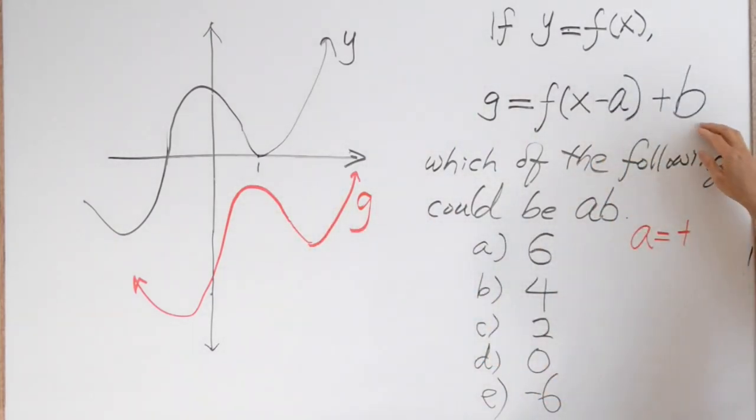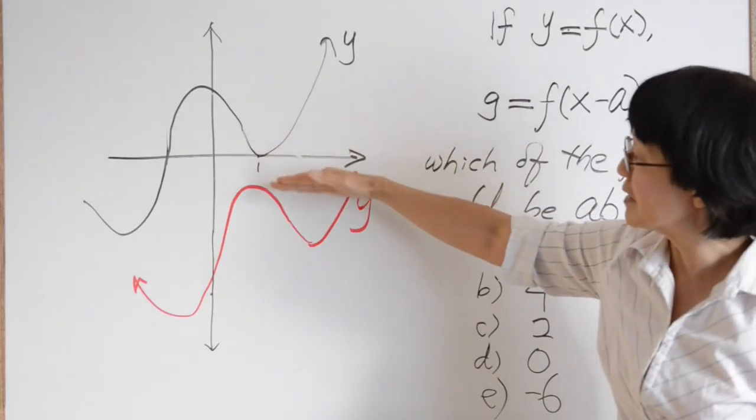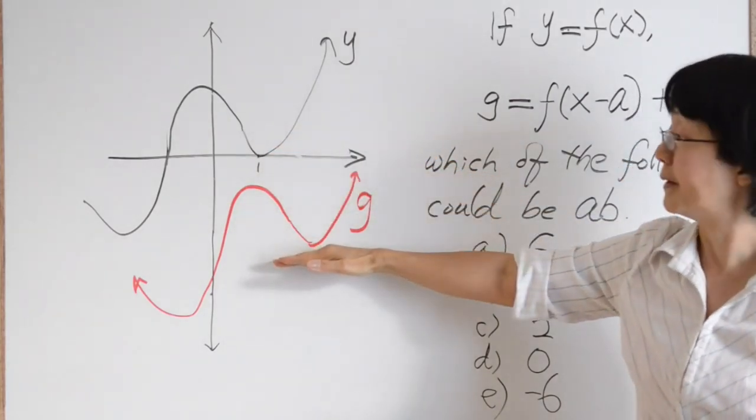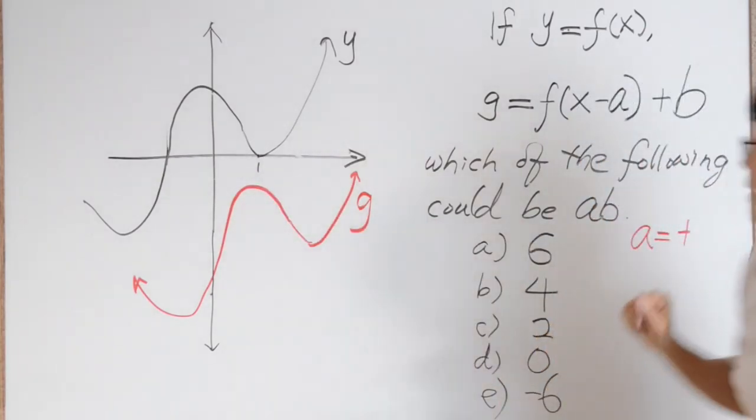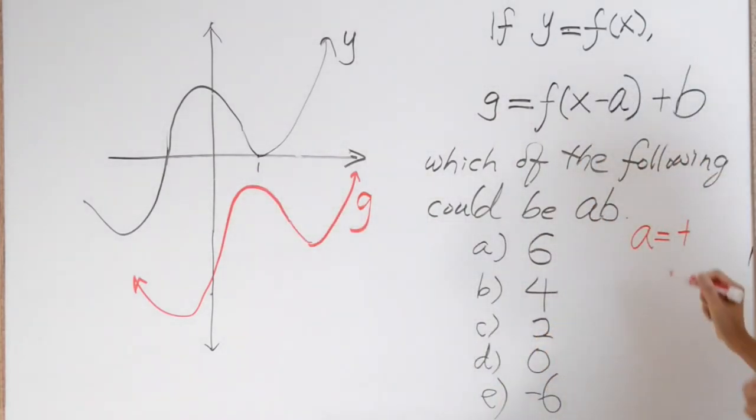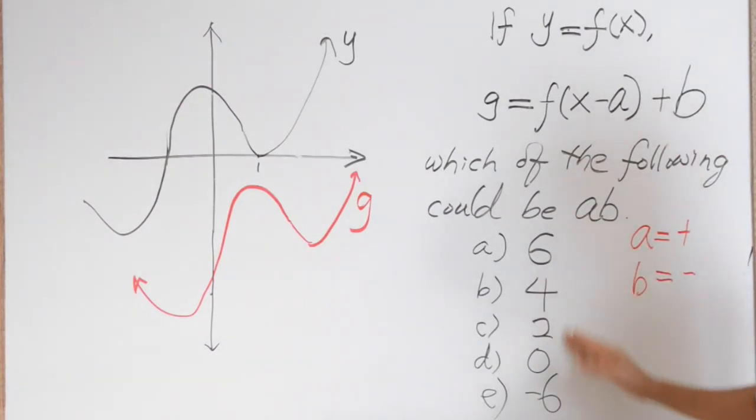Now, your b, because this is going down, say it could be 3 units, roughly. So your b has to be a negative value. Right away, you go through the list, pick the negative value, because a times b should be a positive multiplied by a negative. So this could be the one.